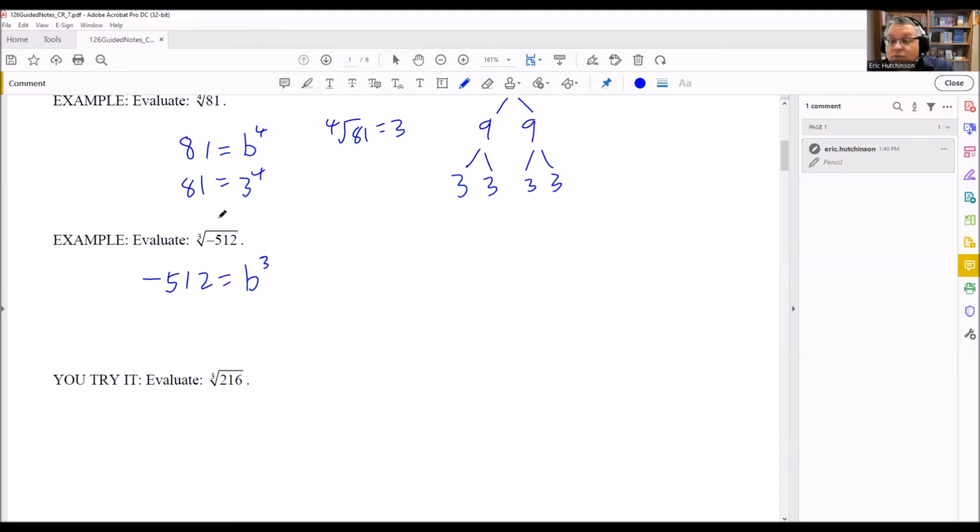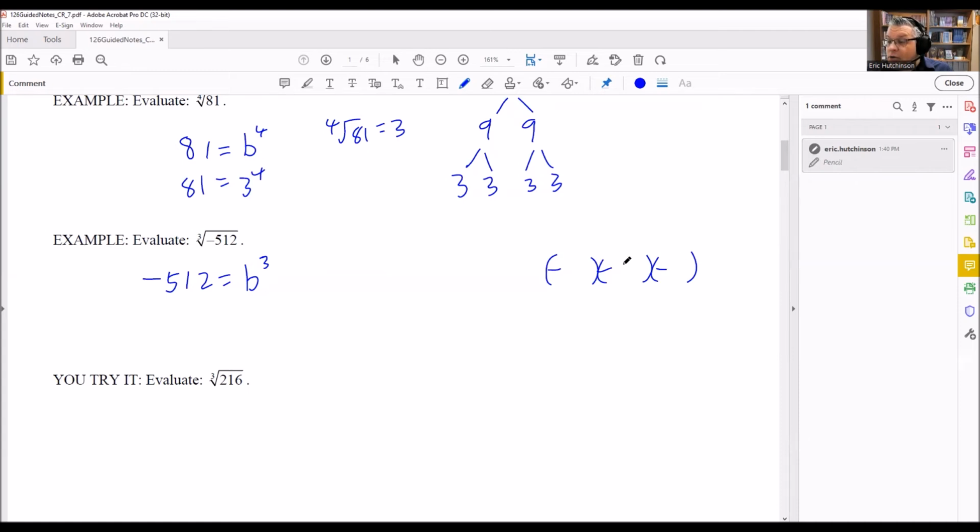Now, notice that the number inside is negative, okay? When I'm doing something like this with a cube, what it means is I'm actually multiplying 3 numbers together. And in order to make it negative, the 3 numbers I multiply together would have to be negative. The reason why is because negative times a negative is positive. Positive times a negative is negative.